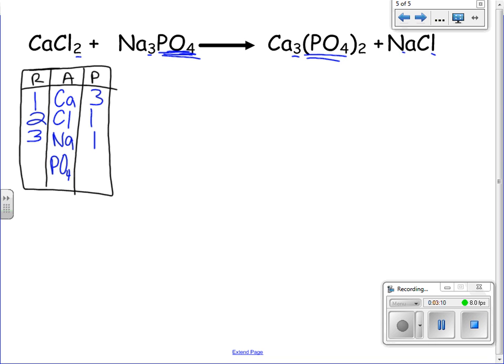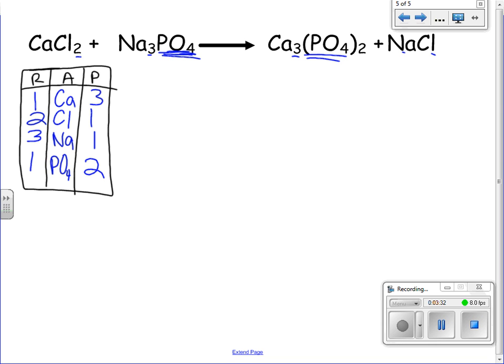So that tells us we just have 1 phosphate, 1 PO4 atom per se, in our reactants. But over in our products, we have PO4 surrounded by some parentheses followed by the little subscript number 2. So that tells us we're working with 2 phosphates, or 2 PO4s, in our products. So that's kind of like having 2 phosphate atoms in our products.